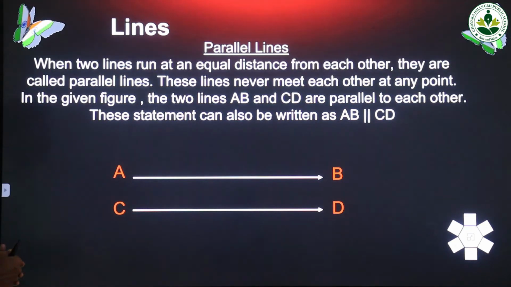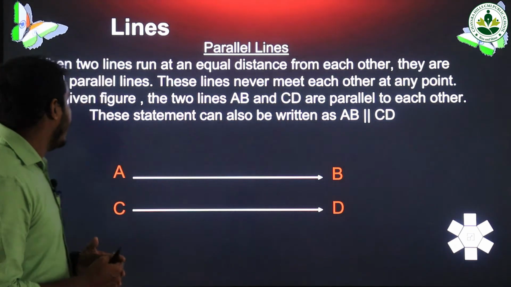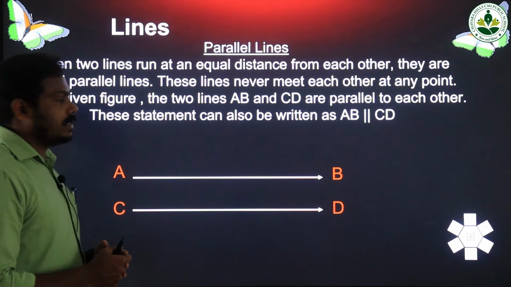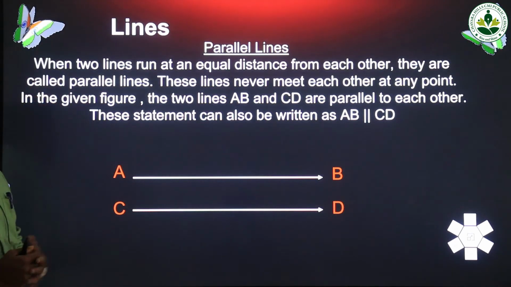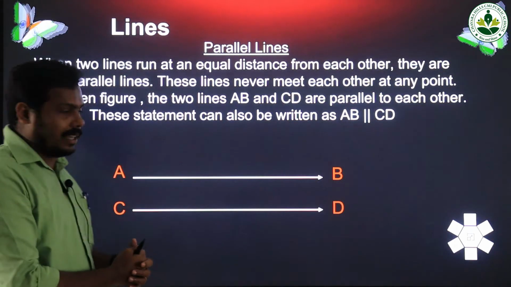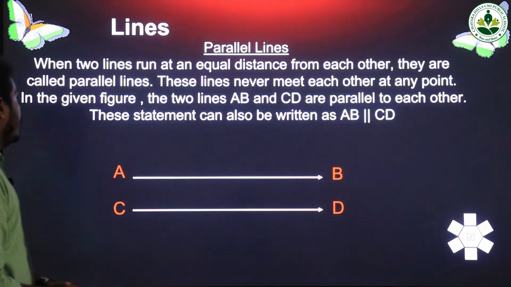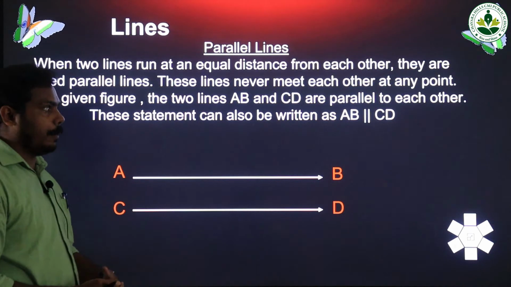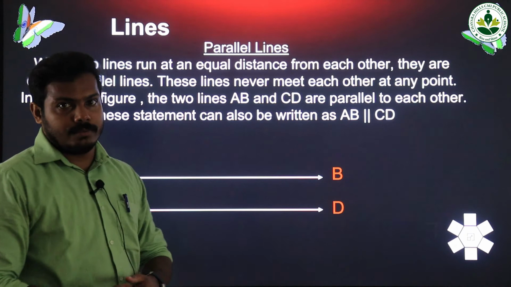When two lines run at an equal distance from each other, they are called parallel lines. These lines never meet each other at any point. When we extend these lines endlessly, they never meet at any point. In the given figure, these two lines AB and CD are parallel to each other.